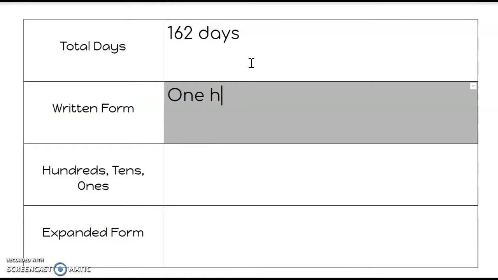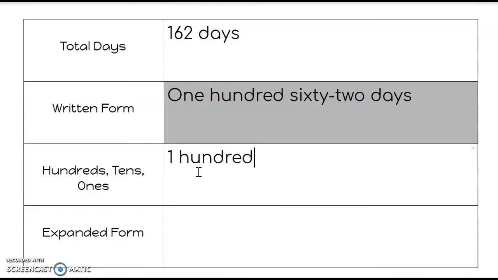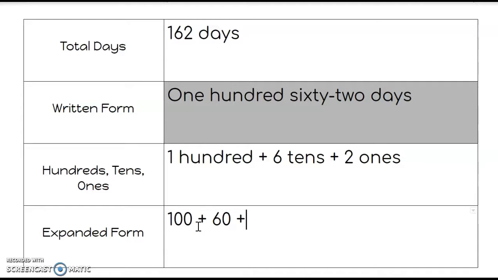Written form, 162 days. Hundreds, tens, and ones. There's 100 plus 6 tens plus 2 ones. Expanded form, we have 100 plus 6 tens, which equals 60, and 2 ones, which equals 162.